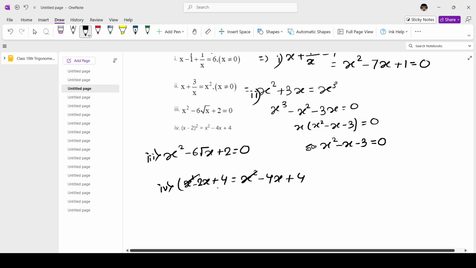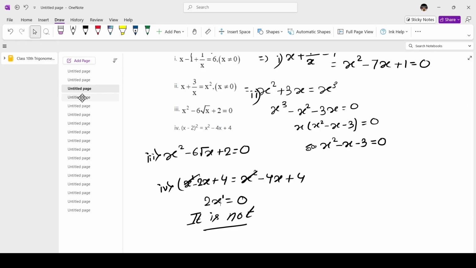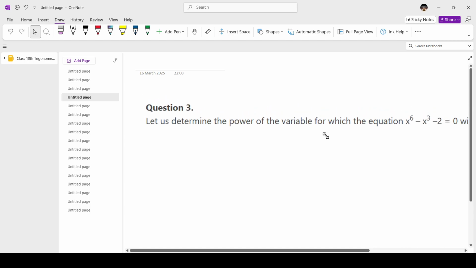So this will cancel out and this will come here equal to 0. So now, as we can see, the highest degree is 1. Okay. Now go to the next question.